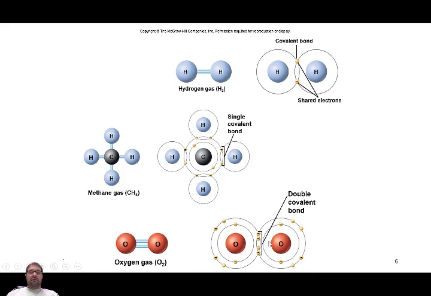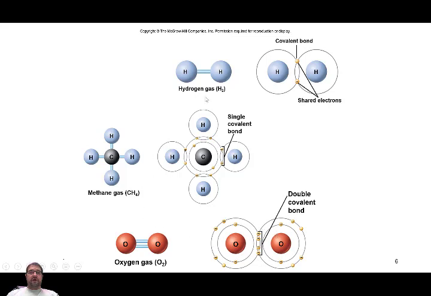And then you can see oxygen here. Oxygen needs 2 electrons to fill its outermost shell. So oxygen can bind to itself, sharing 2 electrons between the 2 nuclei. On each side it is sharing 2 electrons. Okay. So now the outermost shell is complete, the molecule is stable, and you form oxygen gas.